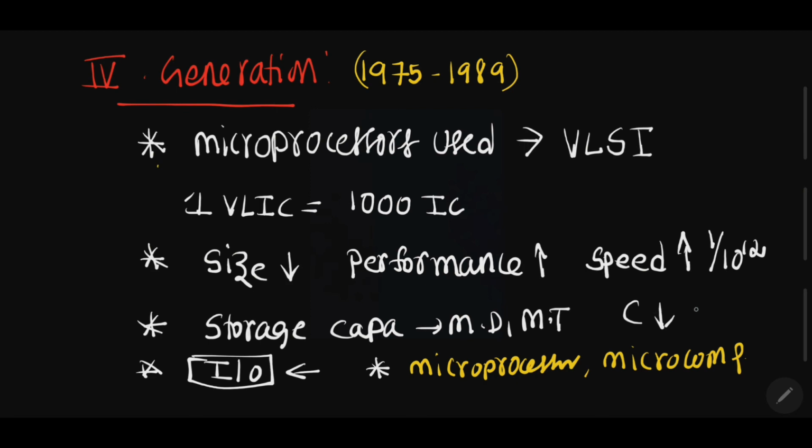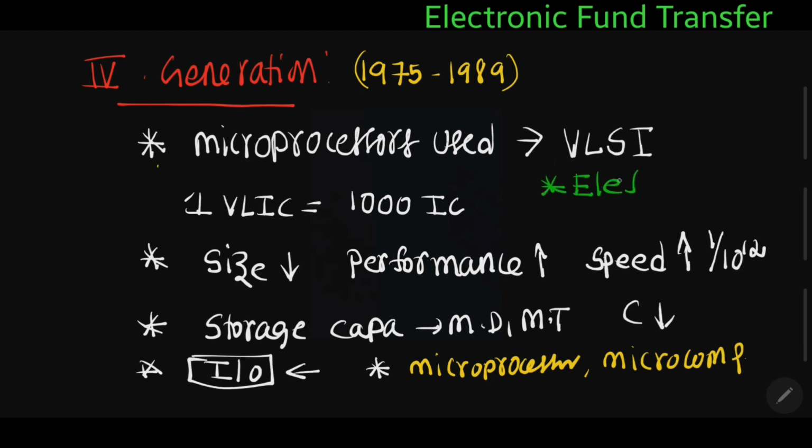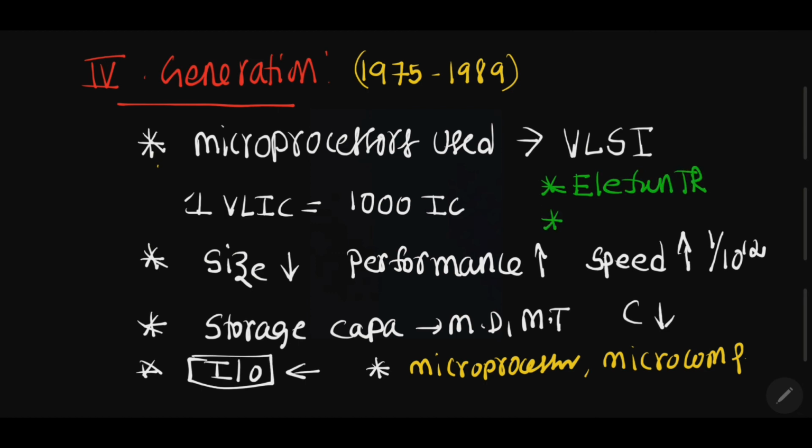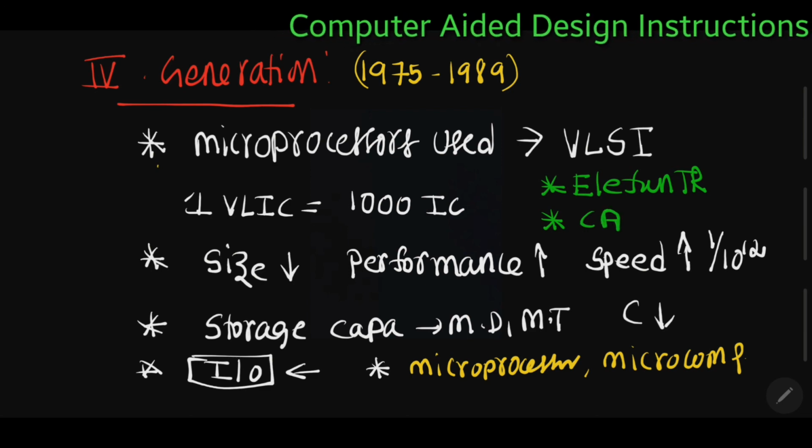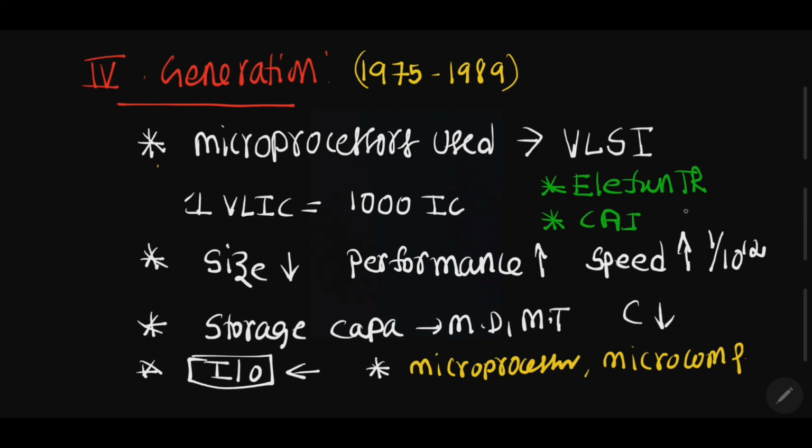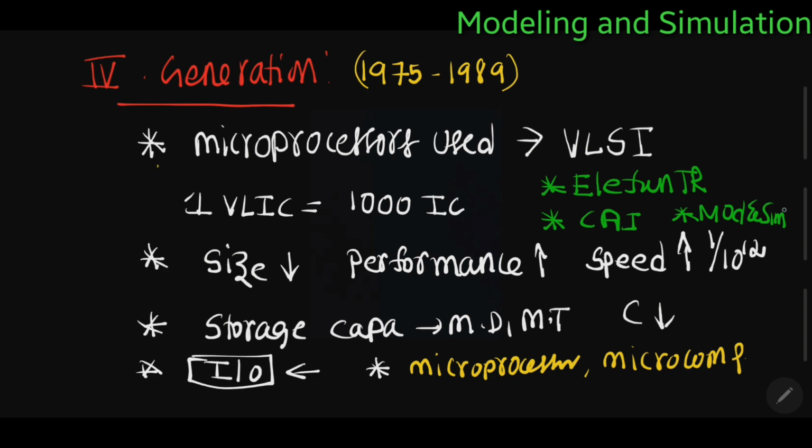Okay, the applications of fourth generation computers are electronic fund transfer, computer aided instructions, modeling and simulation. So these are the applications of fourth generation computers.